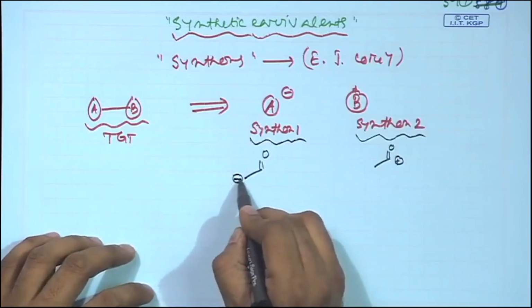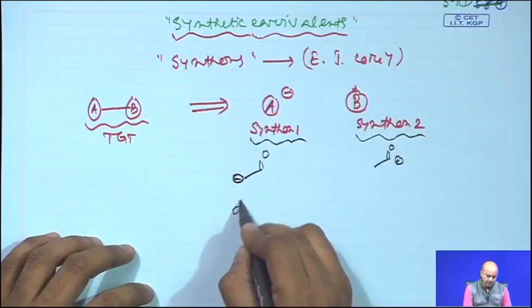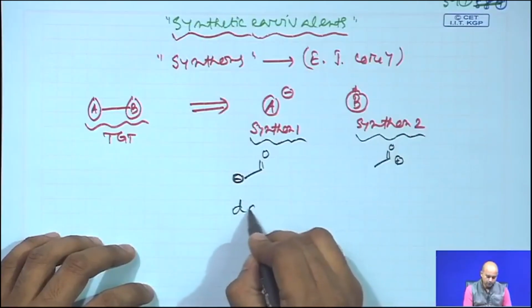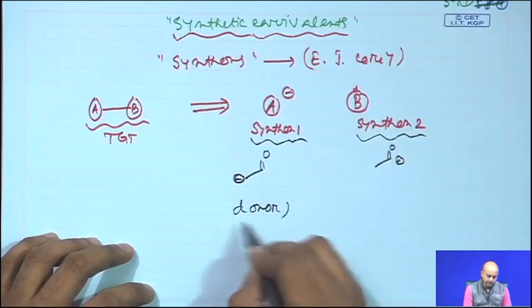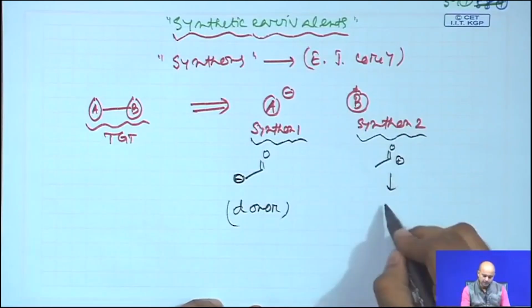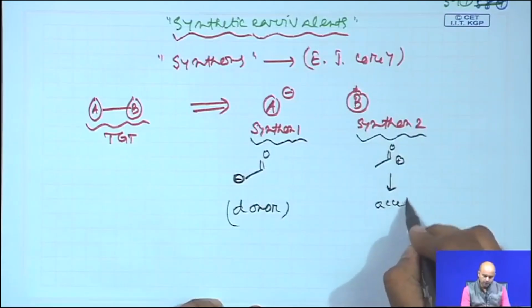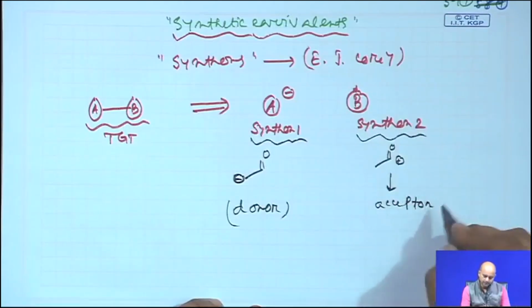Now, if you have a negative charge on your synthon, these synthons are normally termed a donor synthon, or D, and if you have a positive charge, which can accept electrons, it will be termed an acceptor.